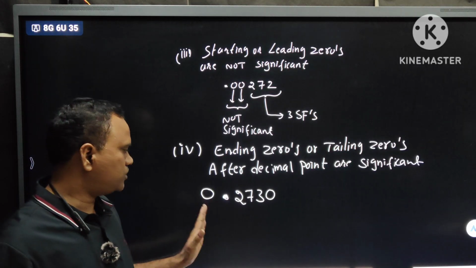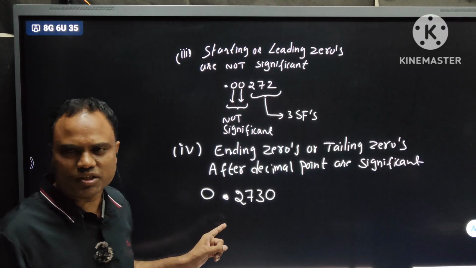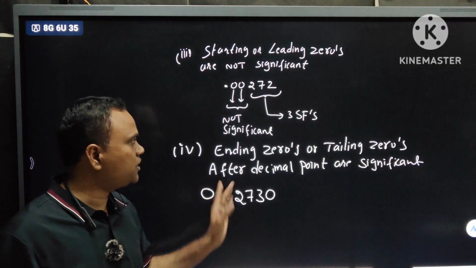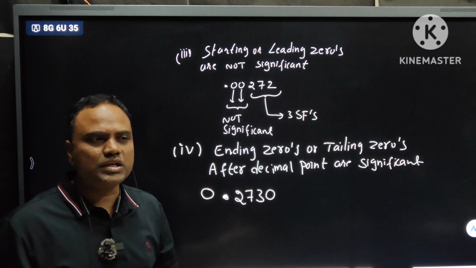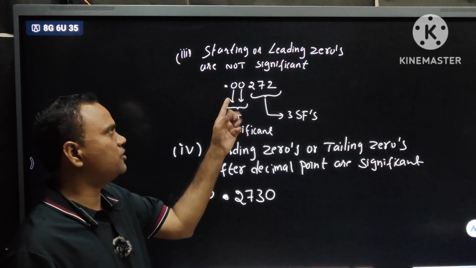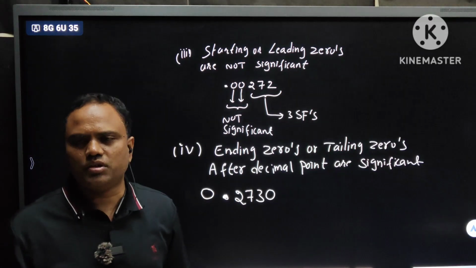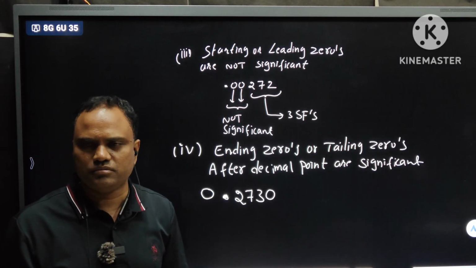Don't give any priority to this 0. Don't consider this as a starting 0. After a decimal point, you can imagine the 0 or not, nothing will happen.